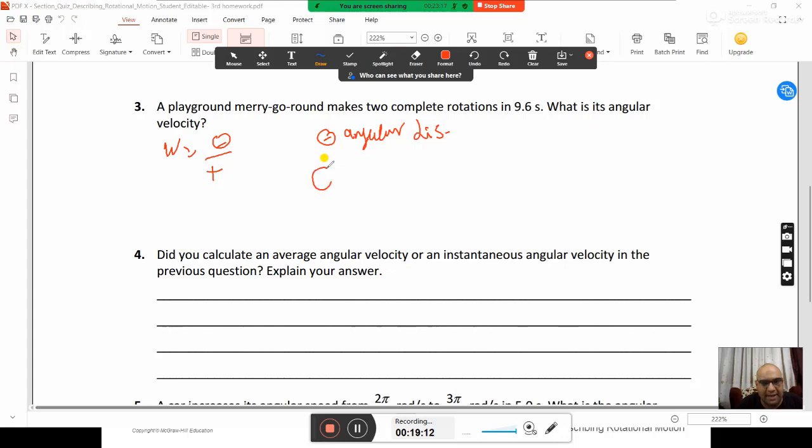So theta, the angle, is equal to 2 multiplied by 360, so it will be 720. 720 is the angle itself.